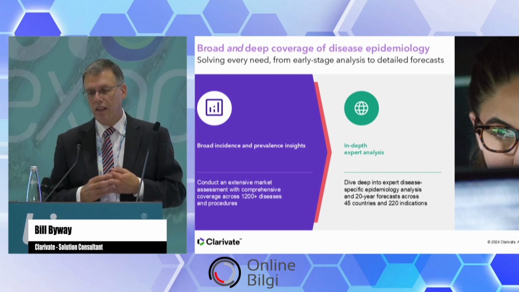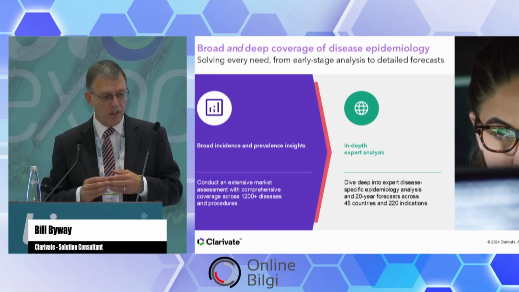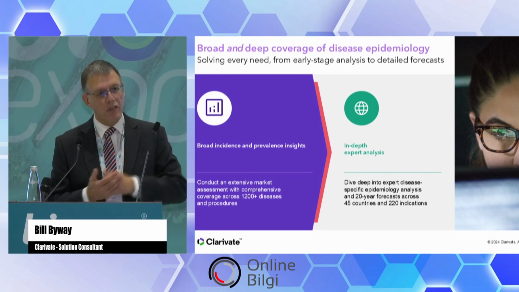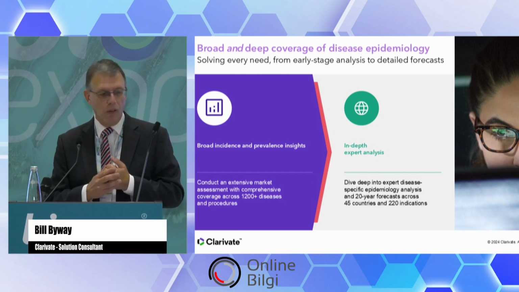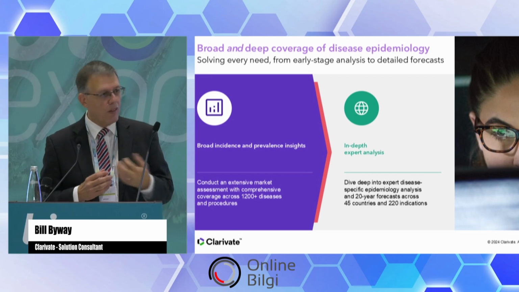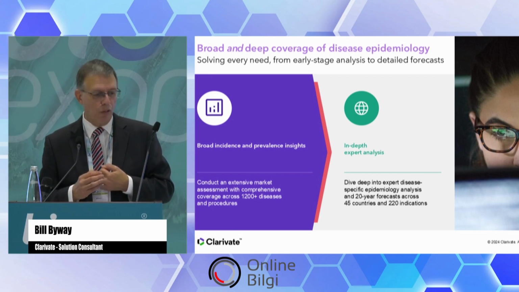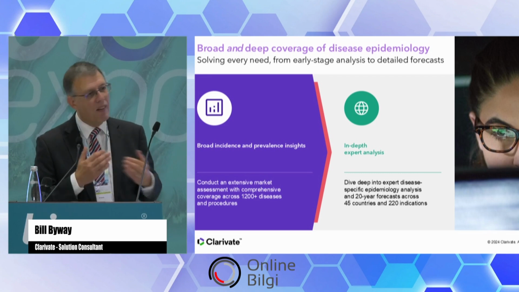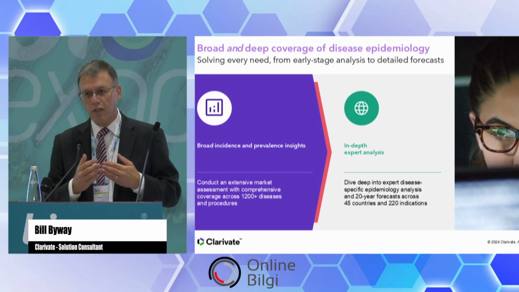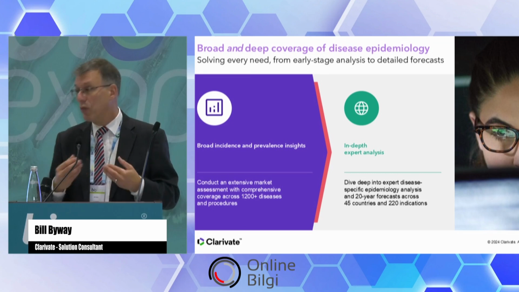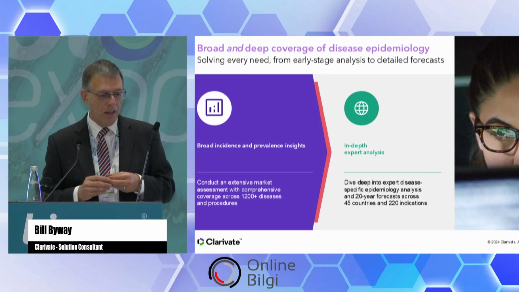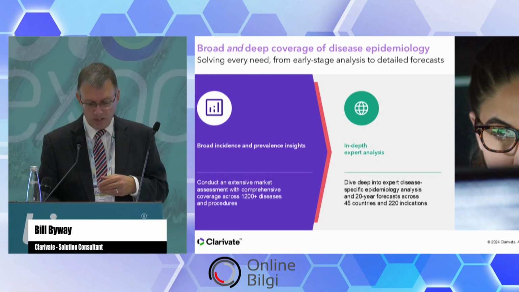And then for the more common diseases, we can go much more detailed. So we have in-depth epidemiology data, forecasts, again, to look at how those numbers are growing in the future or declining. There we cover slightly fewer countries, around 45 countries. We do cover Turkey. And we cover about 200 indications.